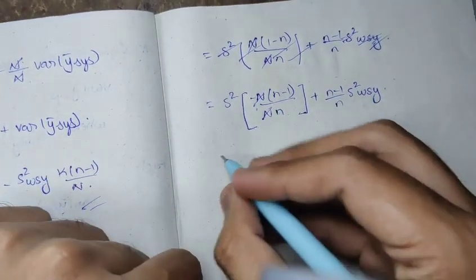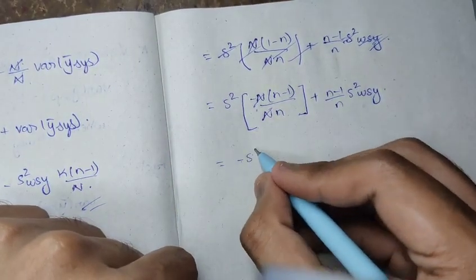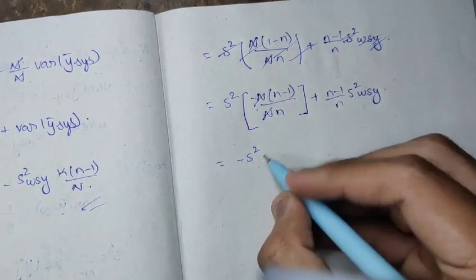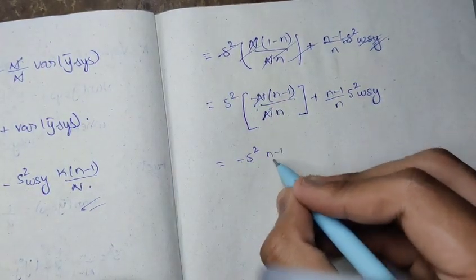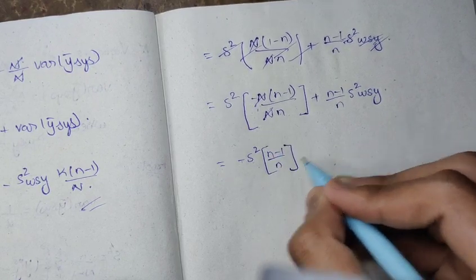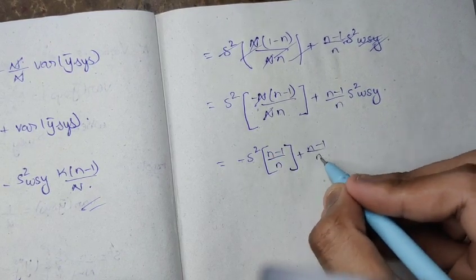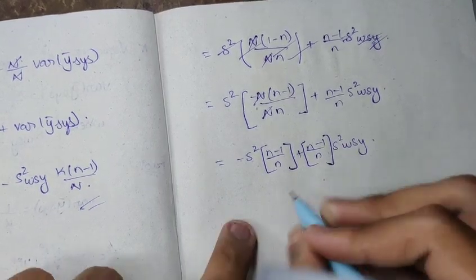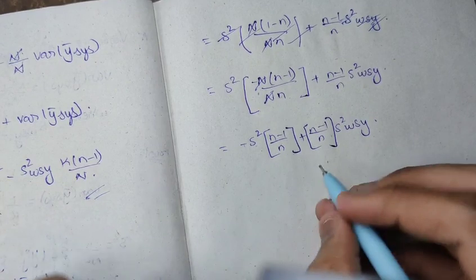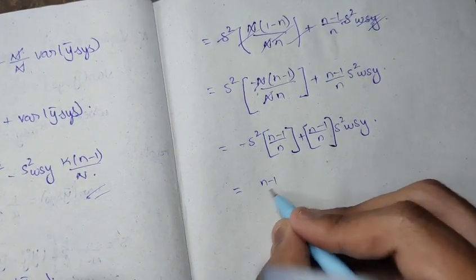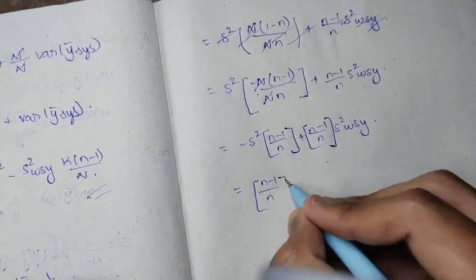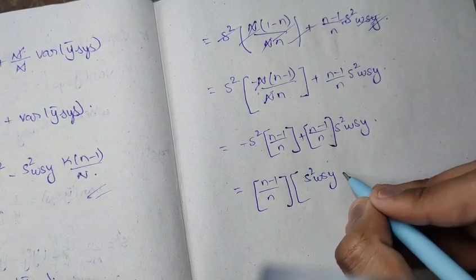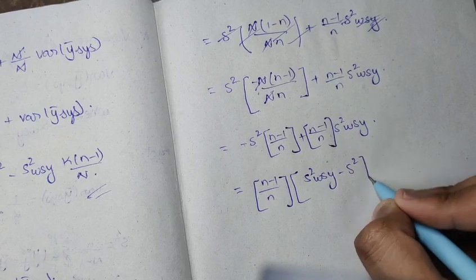That's it. Now it should be minus s square, because the minus 1 is completely multiplied here now. So minus s square (n minus 1) by n plus (n minus 1) by n, here also it is like this, and WSY. If we take (n minus 1) by small n as the common term, (n minus 1) by capital N, s square WSY minus s square.